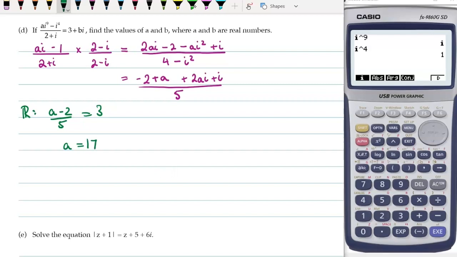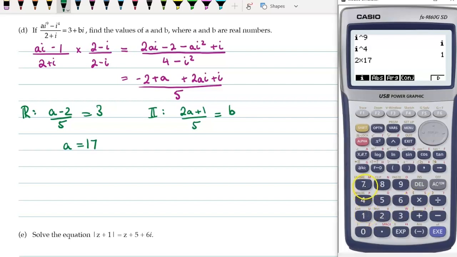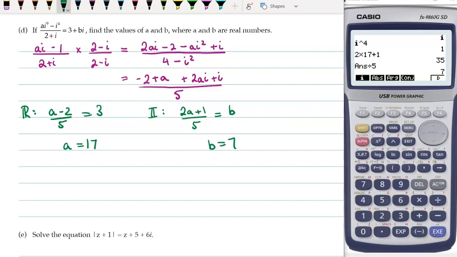And the imaginary part on the left-hand side of the original equation is 2a plus 1 over 5, and the imaginary part on the right is b. So the a we just worked out was 17, so 2 times 17 plus 1, and then divide it by 5. So b is 7.